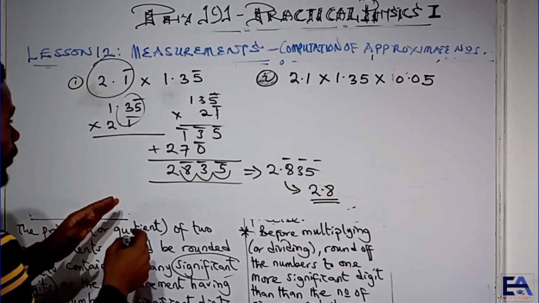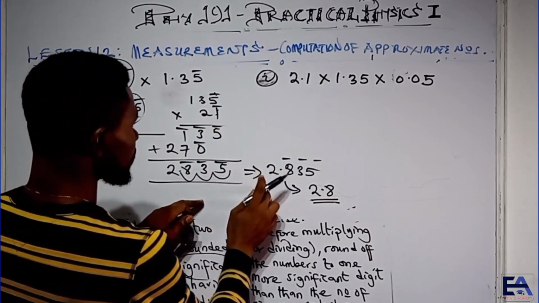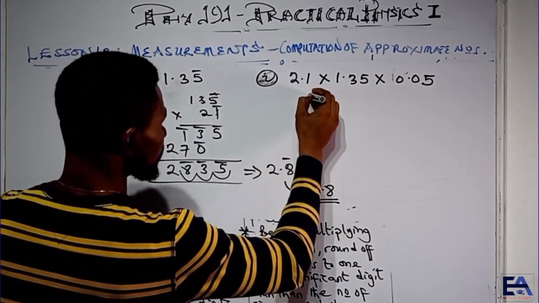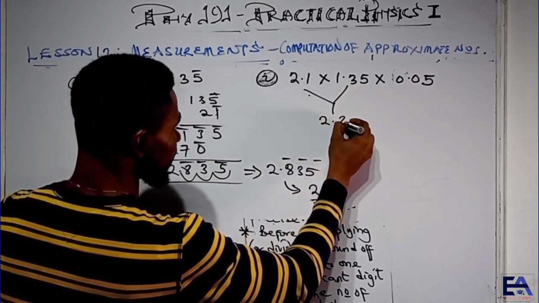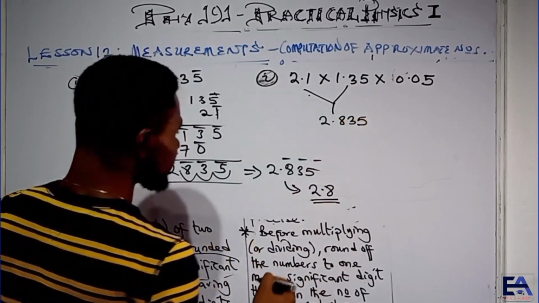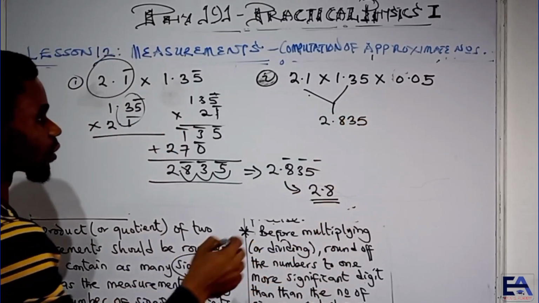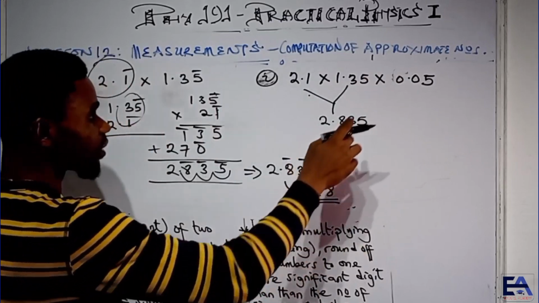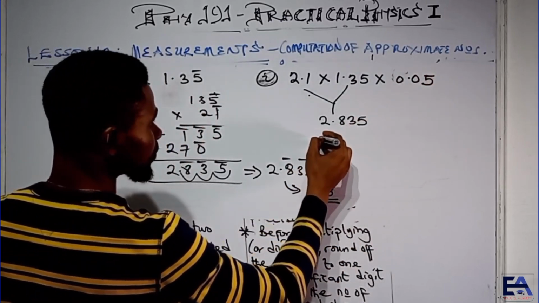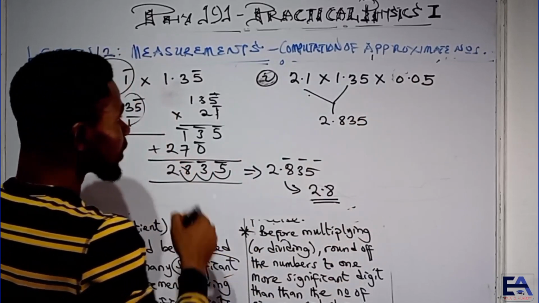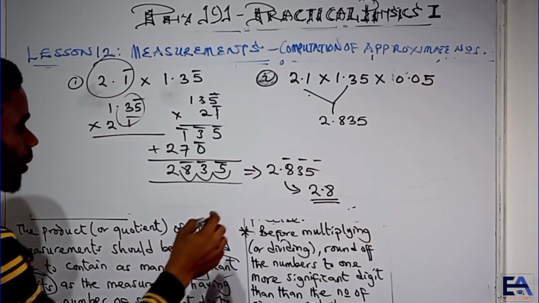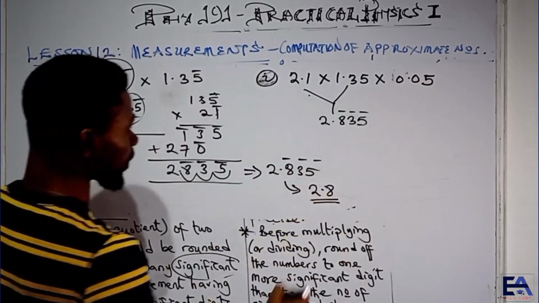The result we got from the first 2, when this one multiplies this one, is 2.835, right? Okay. So 2.835, you now bring this one in by saying 0.05.